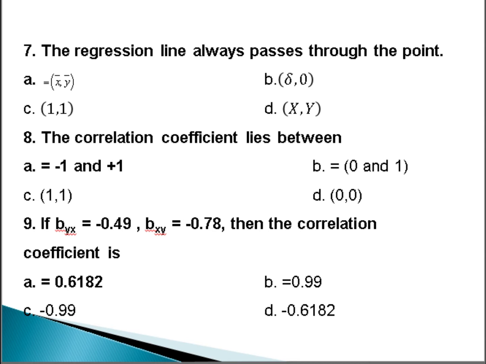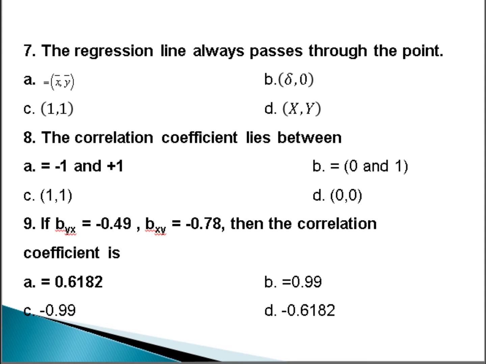Now statement number 8. The correlation coefficient lies between A option -1 and +1, B option 0 and 1, C option 1 and 1, D option 0 and 0. The true answer is option A, because correlation coefficient lies between -1 and +1.